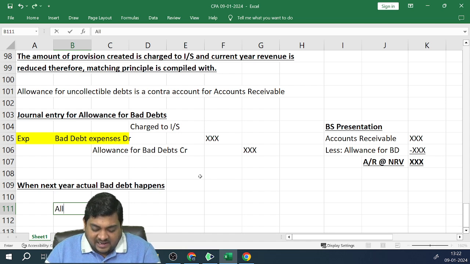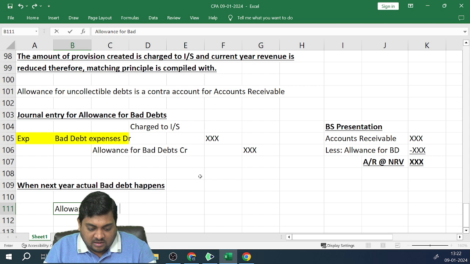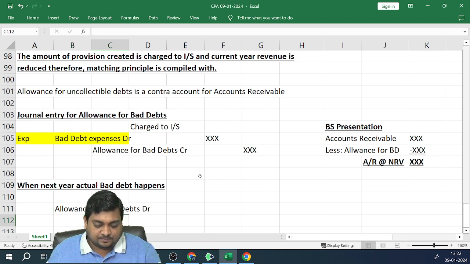I have already created an allowance. Now I am not going to show bad debt expense again. So what I will do, allowance for bad debt debit, and I will reduce my accounts receivable.